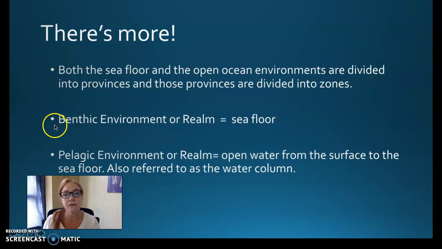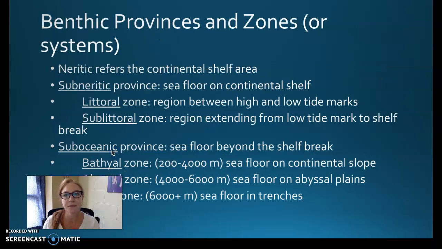We call everything that is on the sea floor the benthic environment. Sometimes you'll see benthic realm. And then the open ocean, the water part, we call the pelagic environment, or the pelagic realm. So that's the water from the sea floor to the surface, or vice versa, okay?